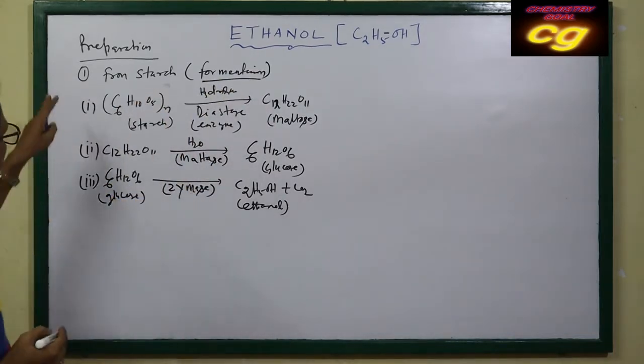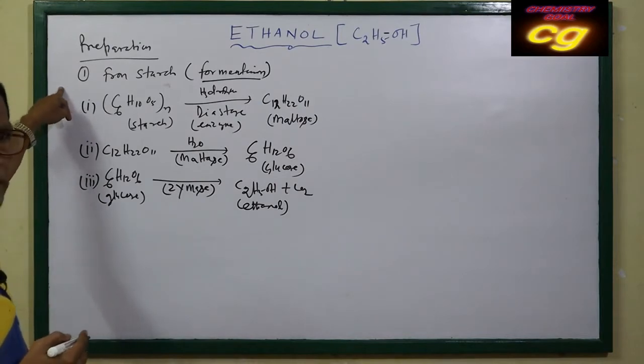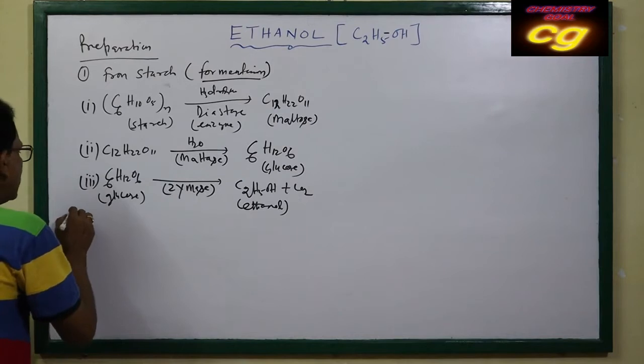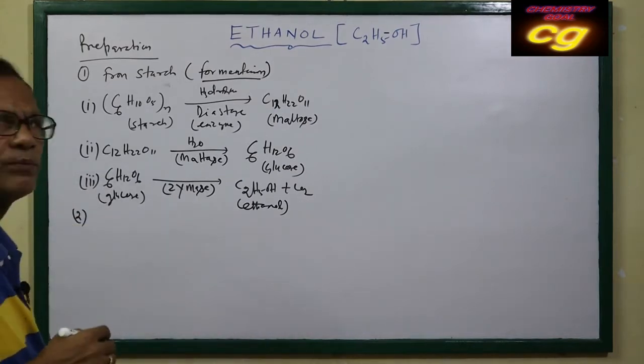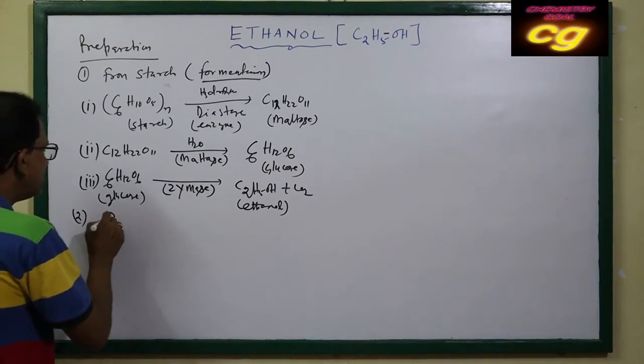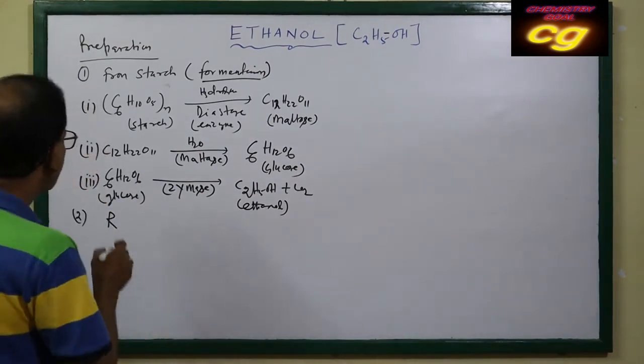But how is ethanol prepared in the laboratory? Ethanol can be prepared from haloalkane. You already know the formula of haloalkane.